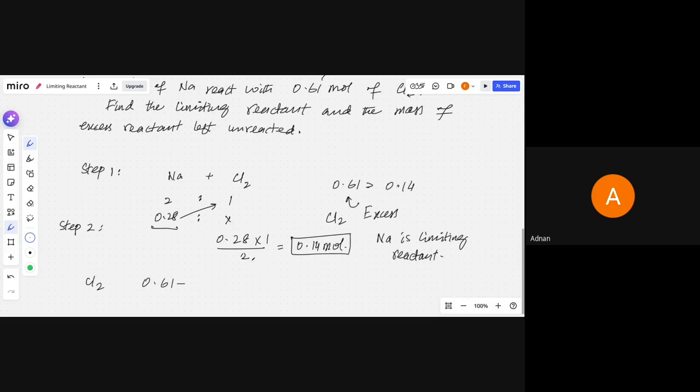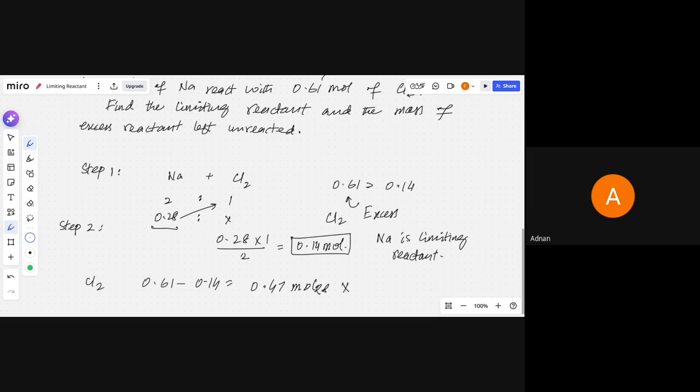So this is going to give us 0.47 moles, right? So the 0.47 moles of chlorine will be left unreacted.